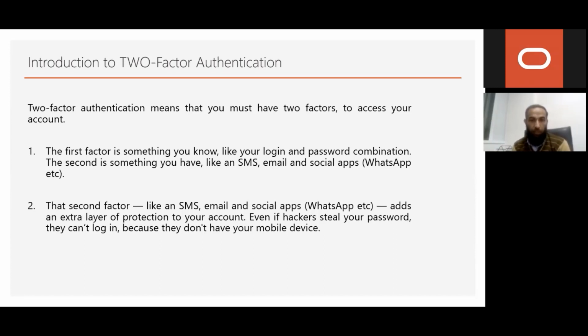Then we will send that OTP to the user using an SMS API, either by SMS, email, or social apps like WhatsApp. The second factor, like an SMS, email, or social app, adds an extra layer of protection to your account. Even if hackers steal your password, they can't log in because they don't have your mobile device.